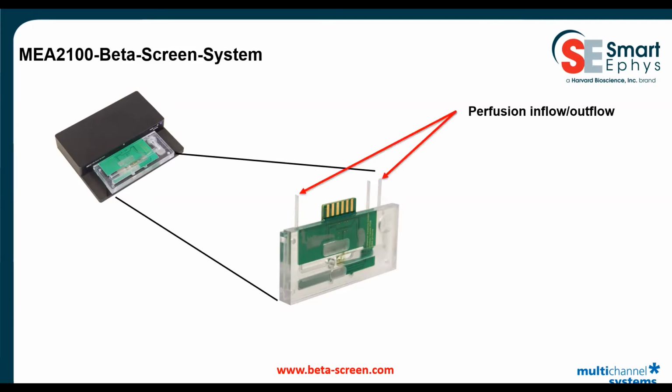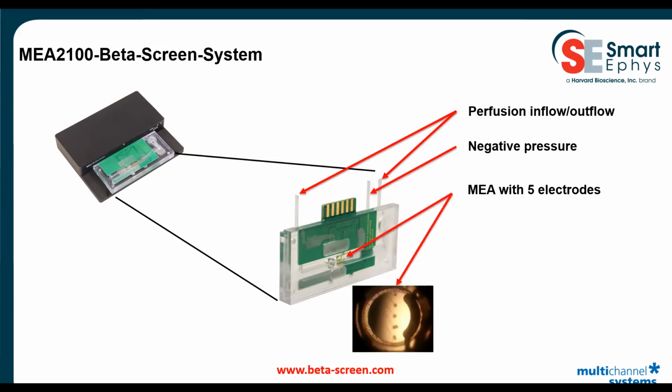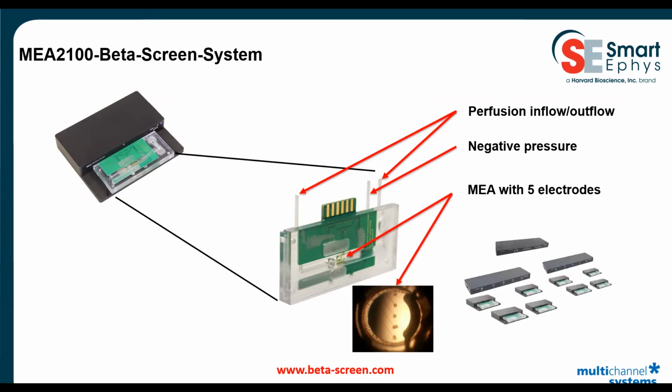The MEA is equipped with a perfusion inflow and outflow. You have a connection for the negative pressure, and of course your MEA with 5 electrodes. And you can easily upgrade the system to 8 head stages, and because of that you can record from up to 40 islets simultaneously.